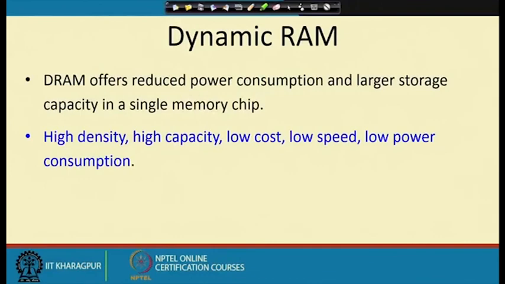So, the capacity is much higher: high density, high capacity, low cost, low speed, low power consumption. Low speed because it requires periodic refreshing. So, speed is not as high as the SRAM configuration, but it is still used very much because of its high density, high capacity and low power consumption.